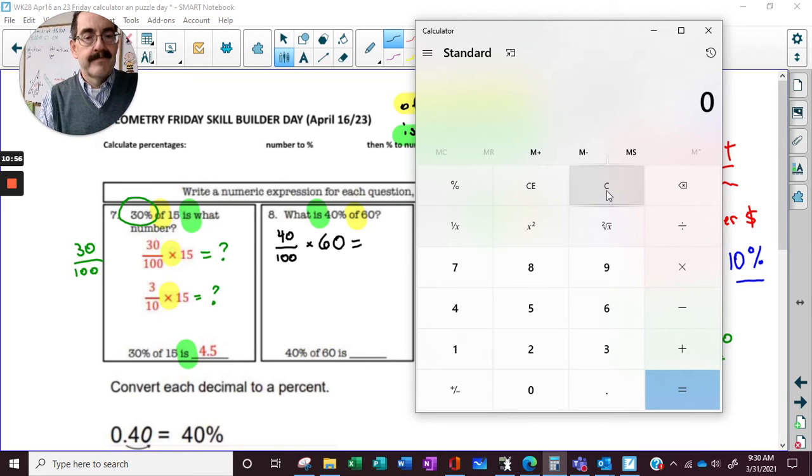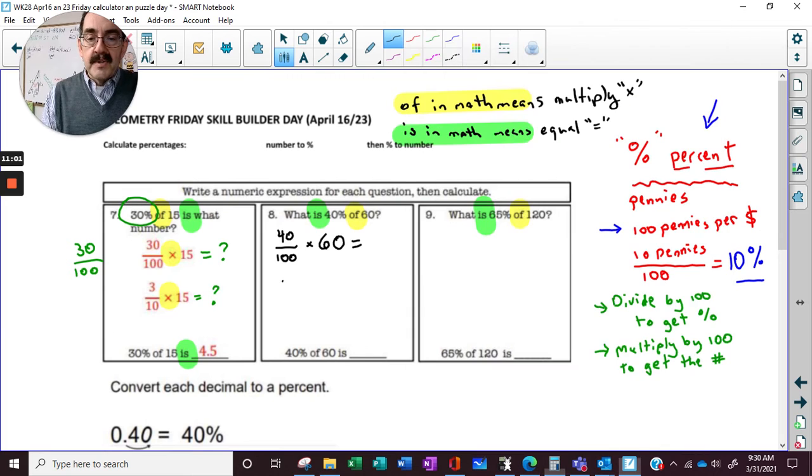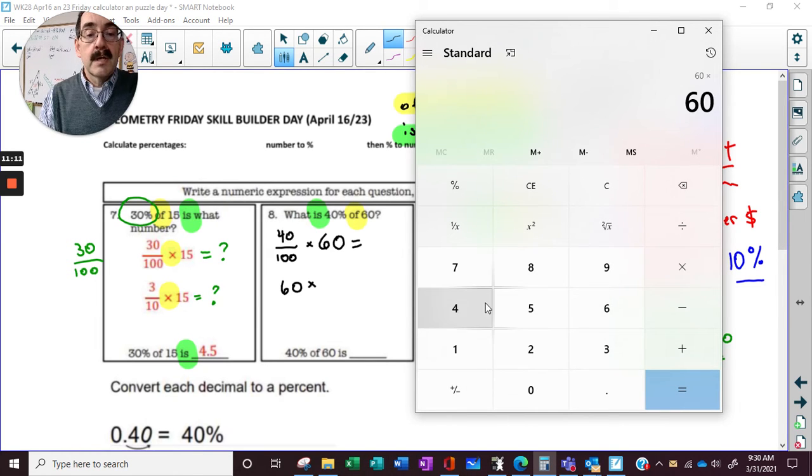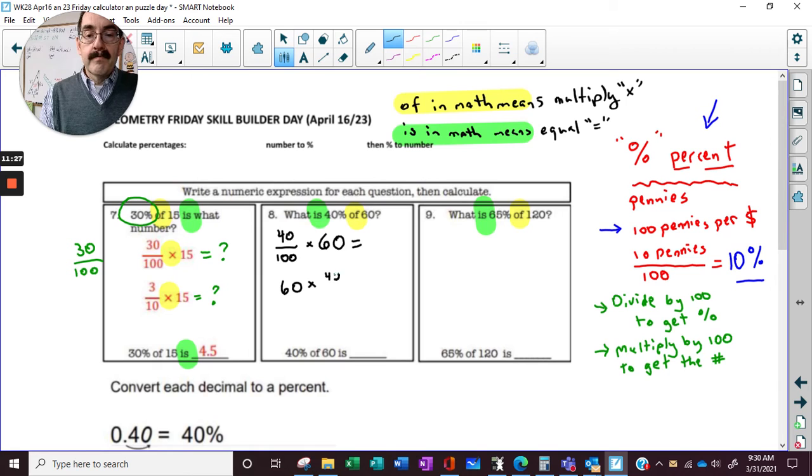In this case, we got to go the 60 first and then the times 40%. See, the 40 divided by 100, equals.